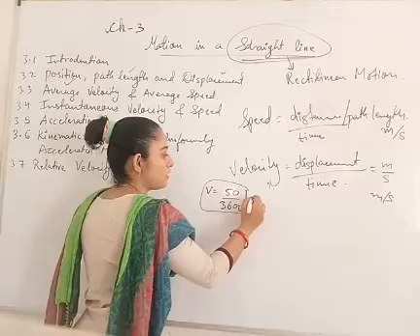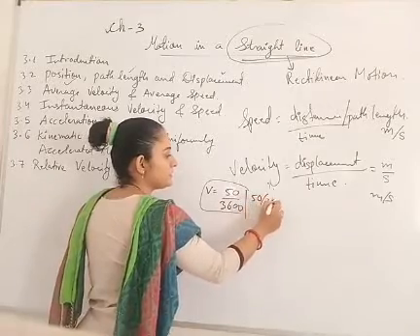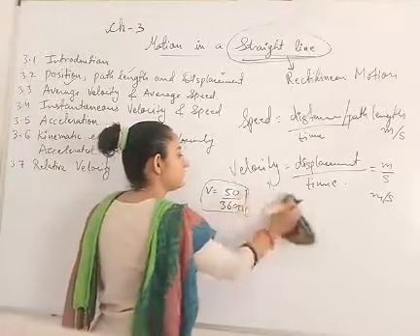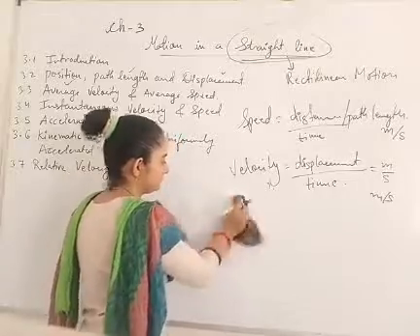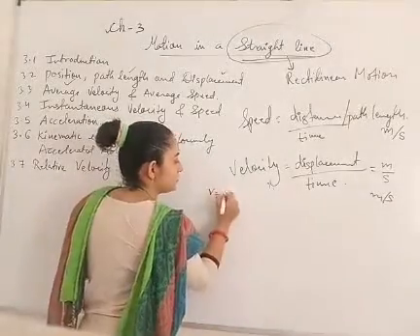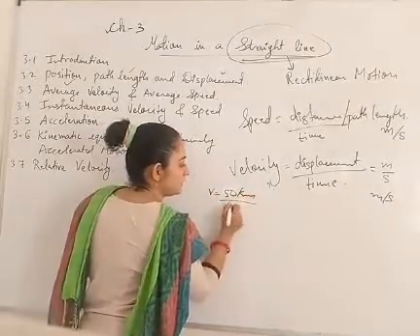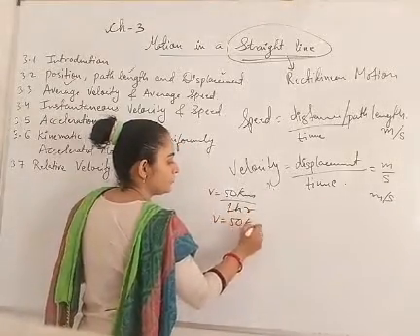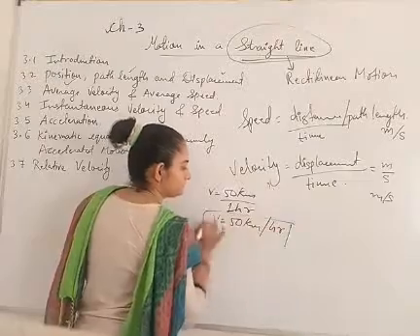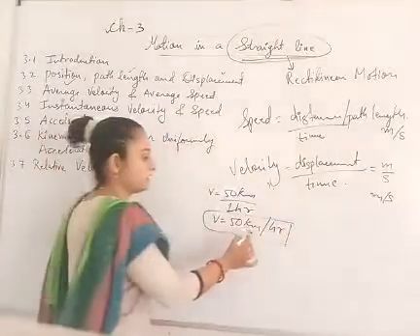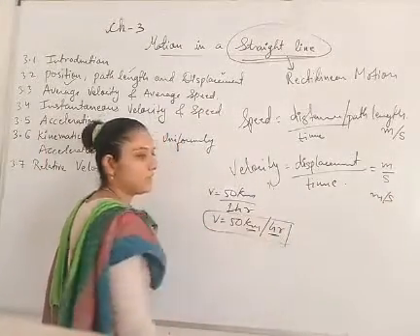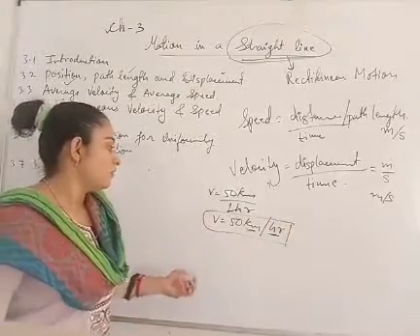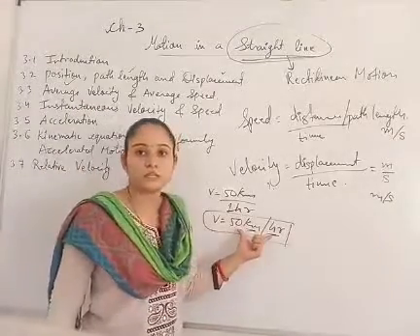So this is 50 per 3600, or you can say 50 kilometer per hour. Here distance is in kilometer and time is in hour. So this is your velocity.